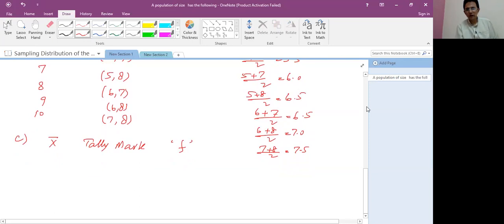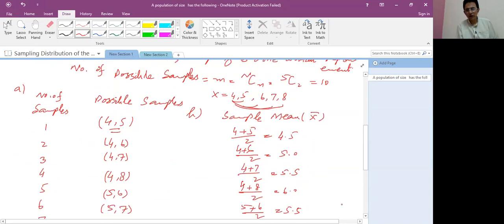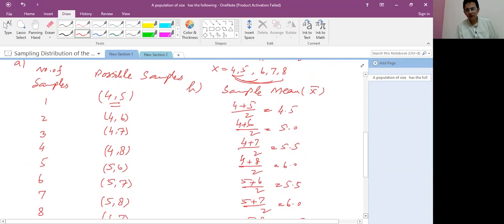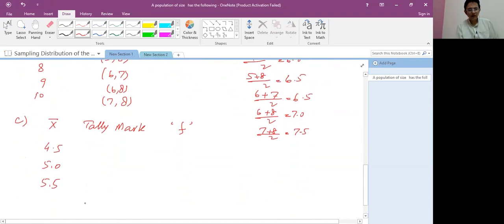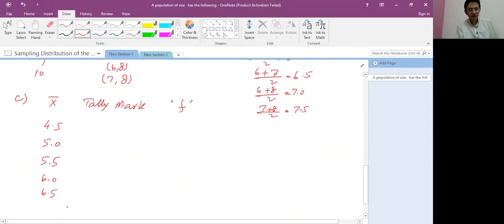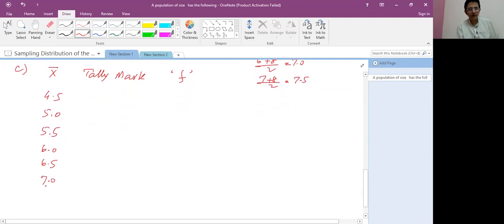The smallest value we write here is 4.5, then 5, with a difference of 0.5, then 5.5, 6.0, 6.5, 7, and 7.5.